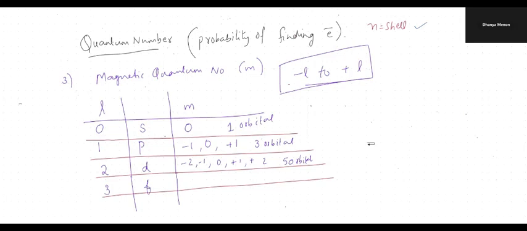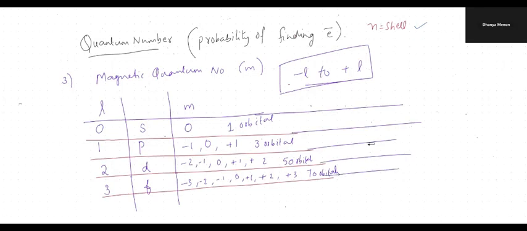It ranges from minus 3, minus 2, minus 1, 0, plus 1, plus 2, plus 3. And how many orbitals are there? 7 orbitals are there. Now, students, representing the different orbitals: in case of S, how many orbitals are there? 1, right?